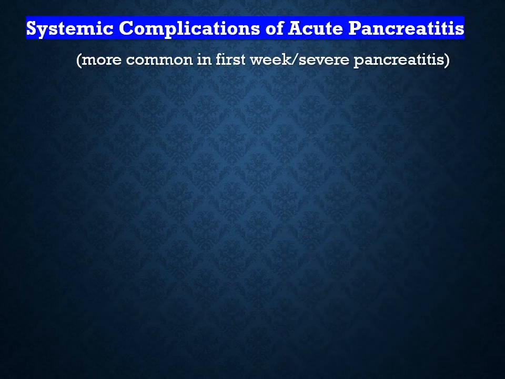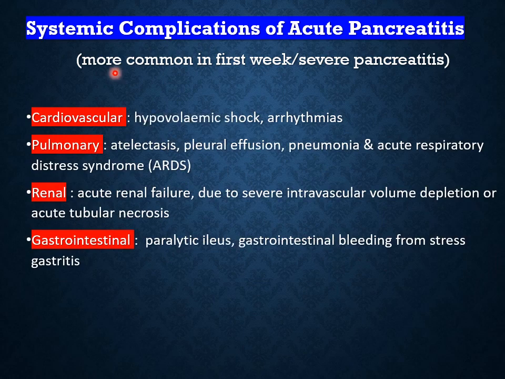Now, what are the complications of acute pancreatitis? They can be either systemic or local. The systemic complications of acute pancreatitis are more common in the first week of the illness, especially in moderate to severe pancreatitis.